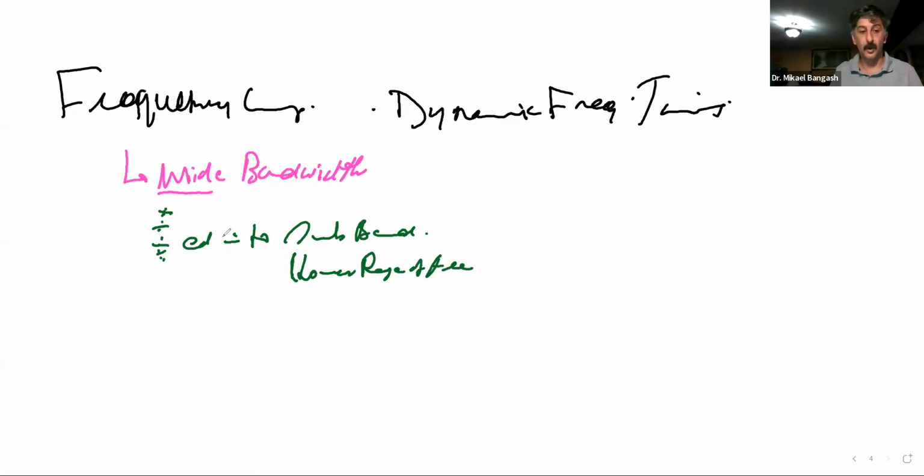These lower ranges of frequency add up to make up the wide bandwidth.